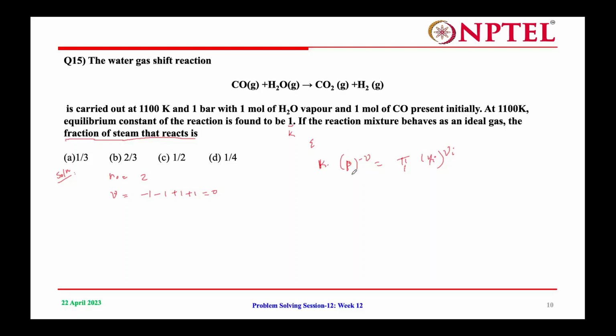So K is given, P is given, the stoichiometric coefficient is now calculated. So now first derive the expression for the mole fraction of each species.